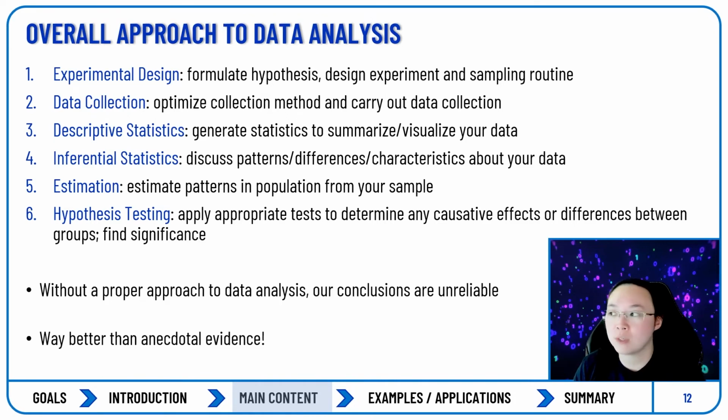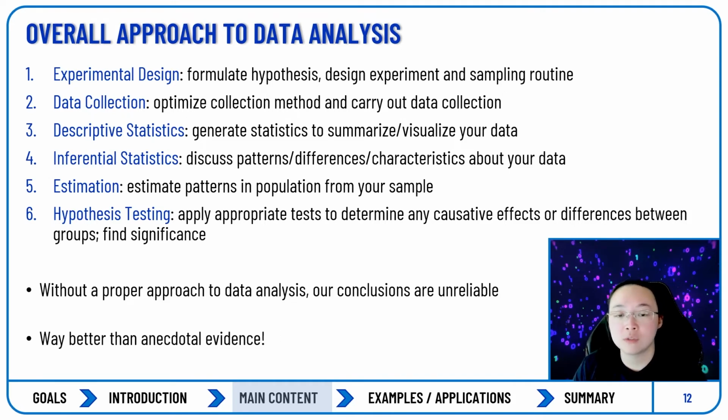Once we have that, we can go on to data collection. For data collection, we're going to have to optimize our collection method to reduce error and bias. We're going to have to introduce controls, and we're going to have to carry out the data collection. After we have all of our data, whether it's through theoretical modeling means or through an experiment, we move on to our statistics.